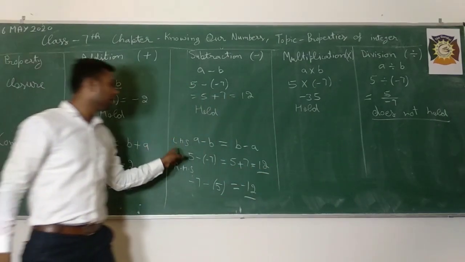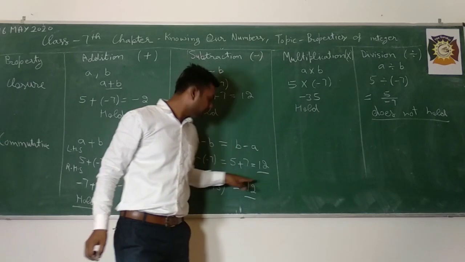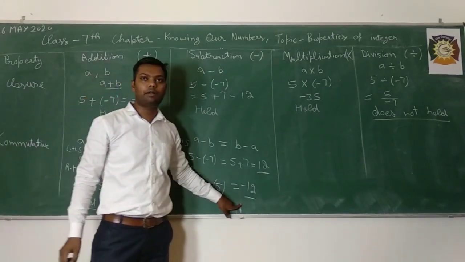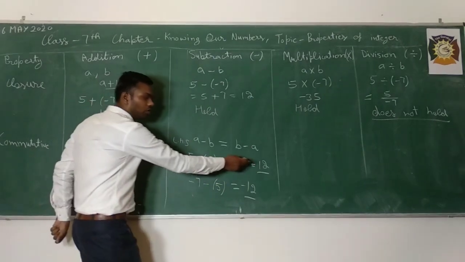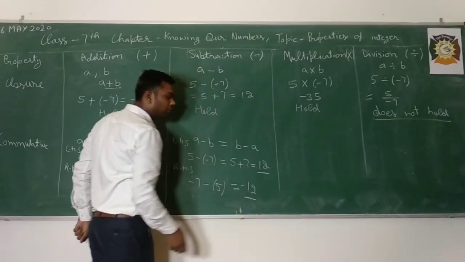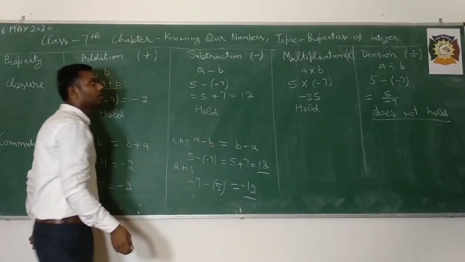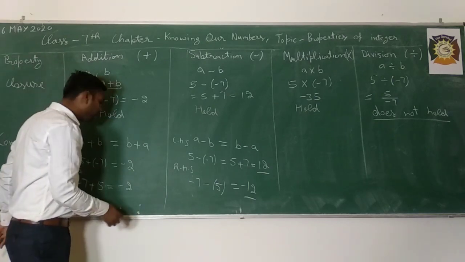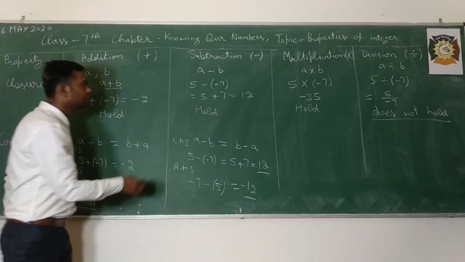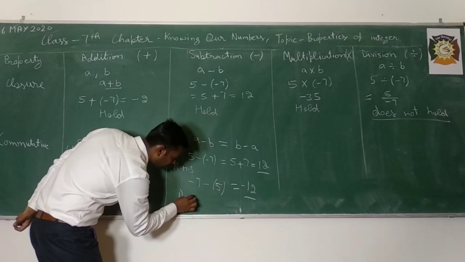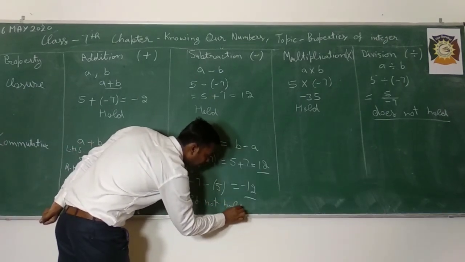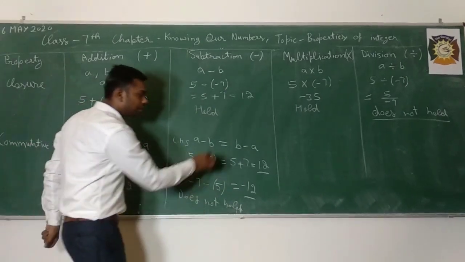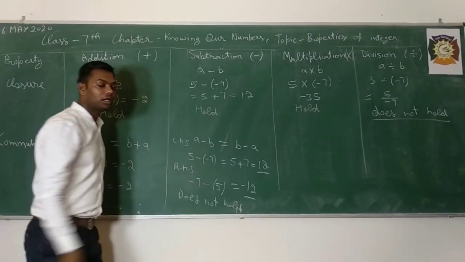See the difference. Left hand side we get 12, right hand side we get minus 12. These are not same or not equal. Then we say that commutative property doesn't hold in subtraction. If they are not equal, we can mark a line like this.